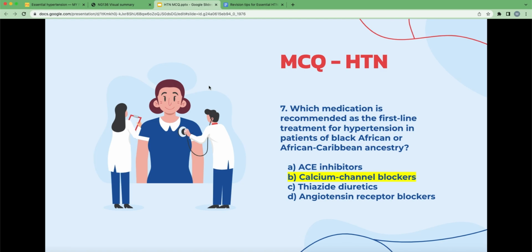B, calcium channel blocker, because that is the first line treatment for Afro-Caribbeans or Africans. So if you're not too sure, you can rewind this episode, or just go straight to my website, or go to the NICE guidelines. You've got different ways to find the answer, but it's important you know that calcium channel blocker would be the answer.